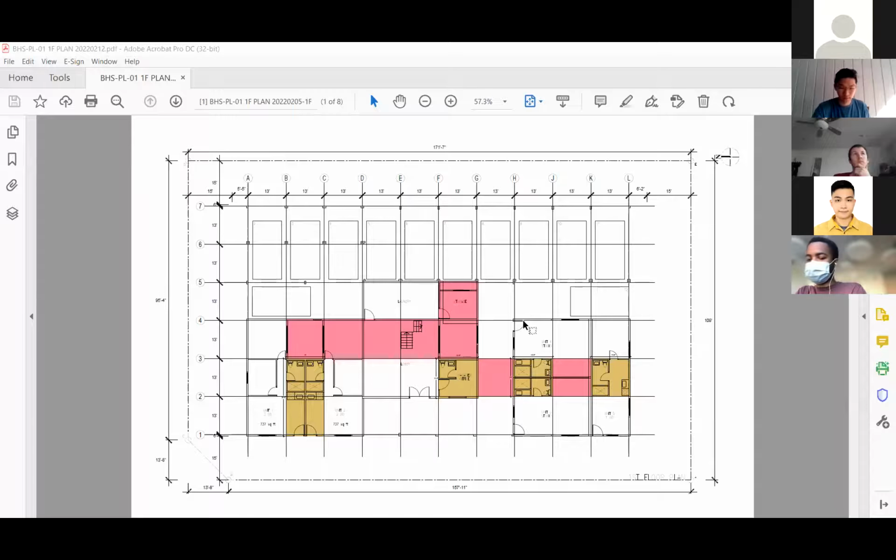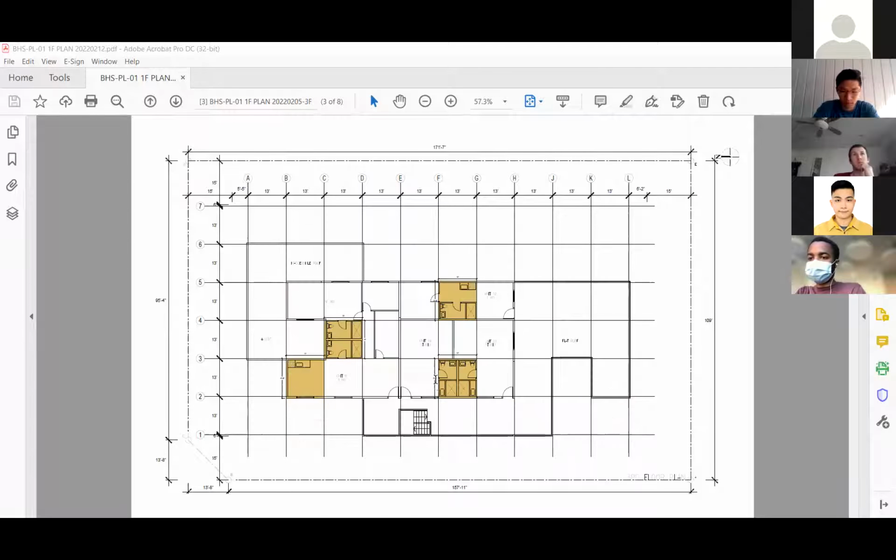As we updated so far, this is the crawl space here, and we also targeted where the modules would be, which are the brown areas.